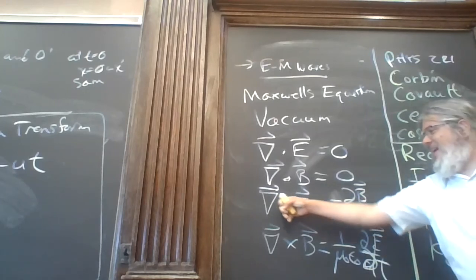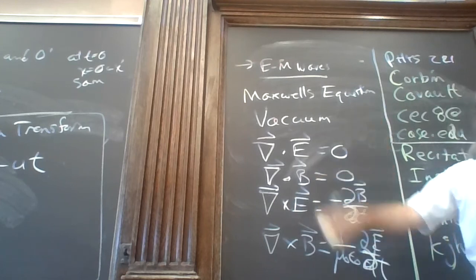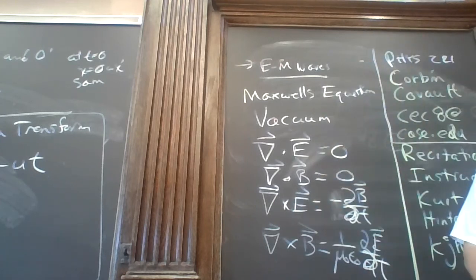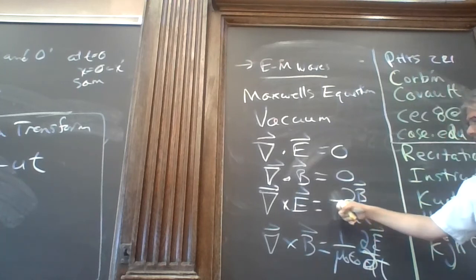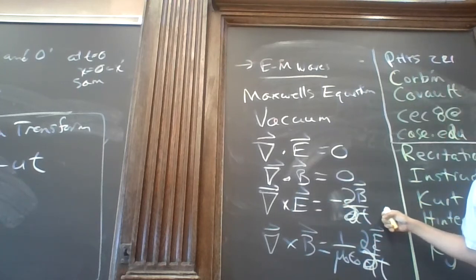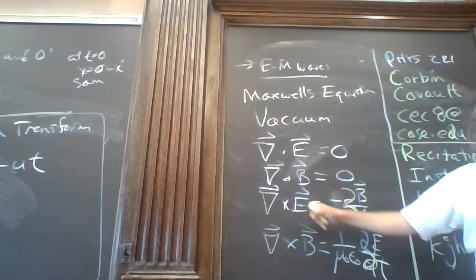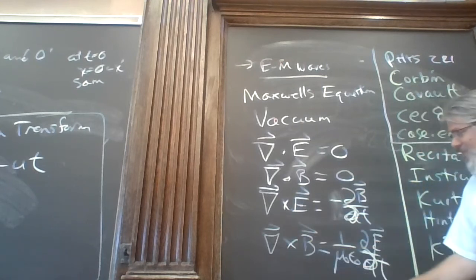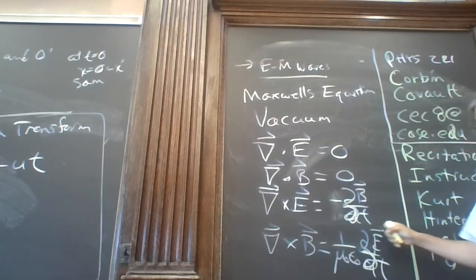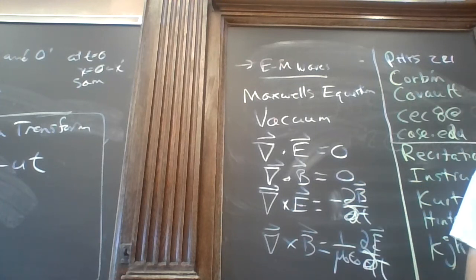They say that the electric field created in a tangential direction is proportional to the rate of change of the magnetic field. Notice if I change the magnetic field, I get an electric field. And this equation says that the tangential component of the magnetic field is equal to another constant times the rate of change of the electric field.